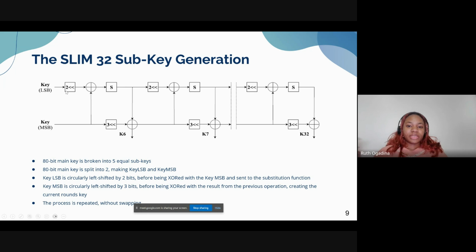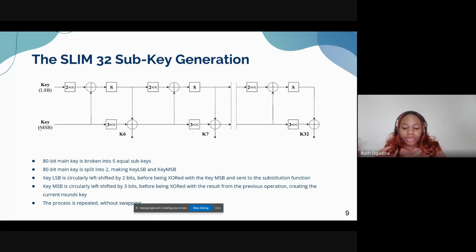It starts with dividing the 80-bit key into two sides, left and right. One side being the LSB, which stands for least significant bits, and the second side the MSB, which stands for most significant bits. And as you can see, the LSB is shifted to the left twice before being XORed with the original MSB key, and that is partially the substitution function using the 4x4 substitution box.